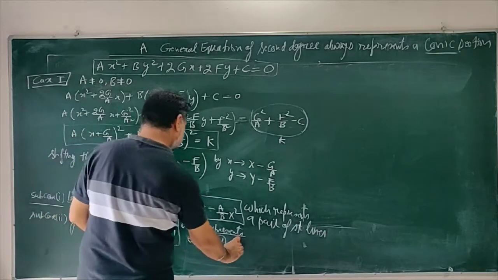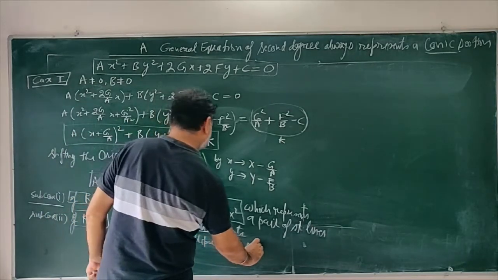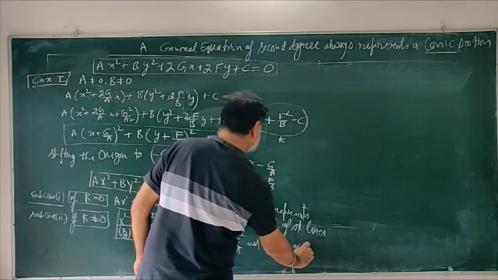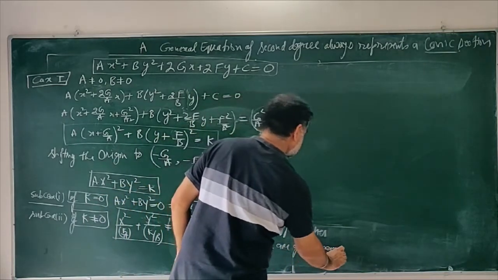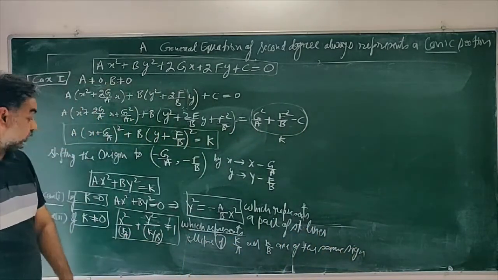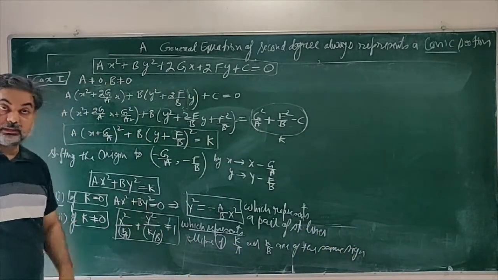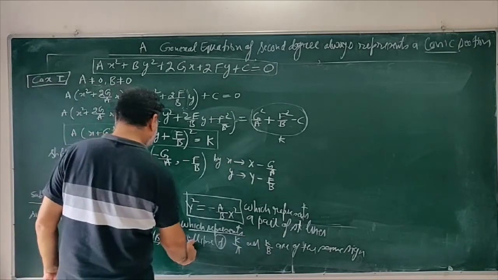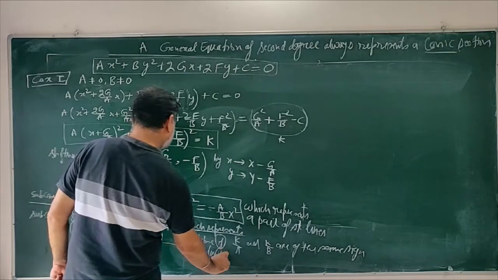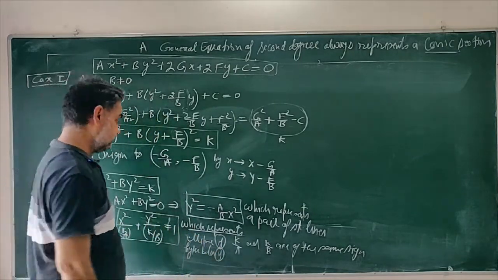This equation represents an ellipse if k over a and k over b are of the same sign, and this is the equation of a hyperbola if they are of opposite sign.